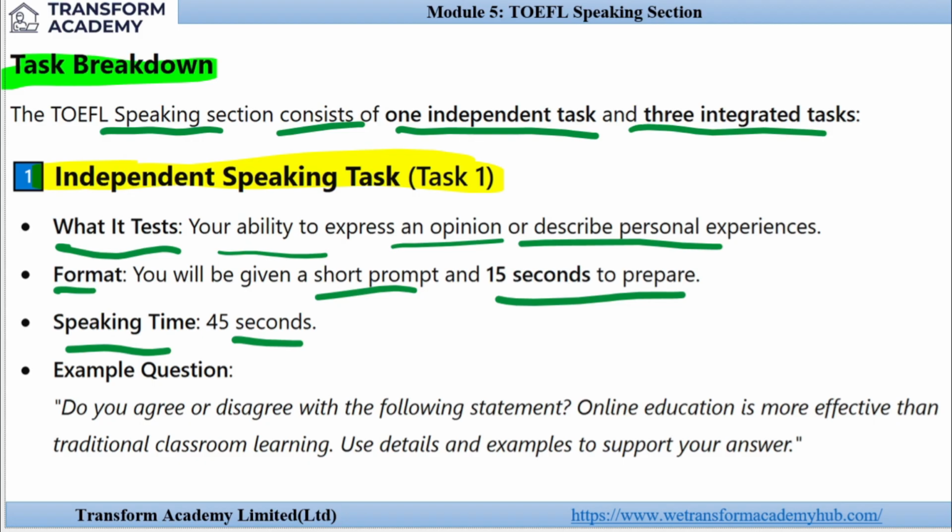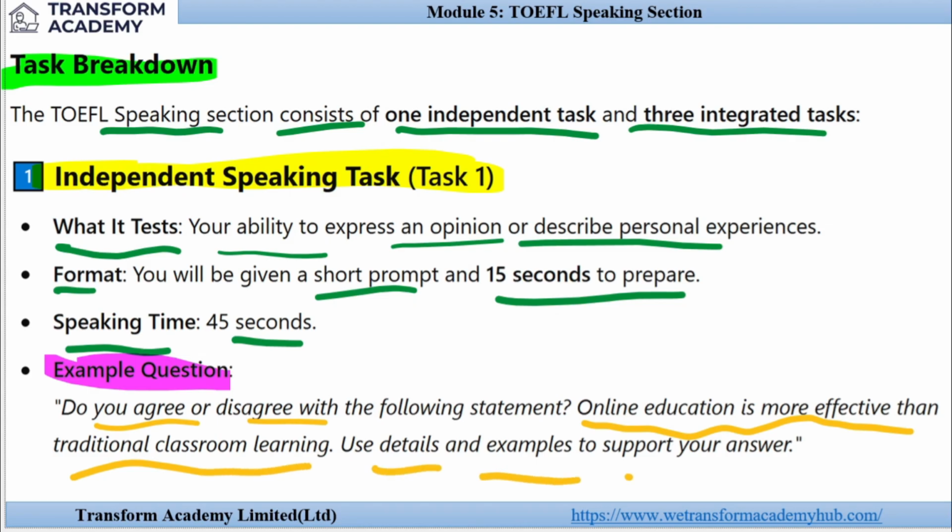This is an example question. Do you agree or disagree with the following statement? Online education is more effective than traditional classroom learning. Use details and examples to support your answer.